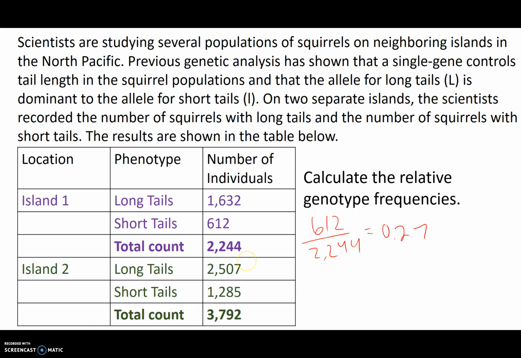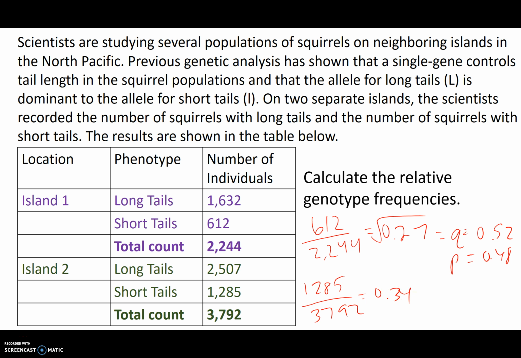When we take the square root, we find that our Q is 0.52, and our P would be 0.48. Now for the second island, we would take our recessive divided by the total, and that is equal to 0.34.